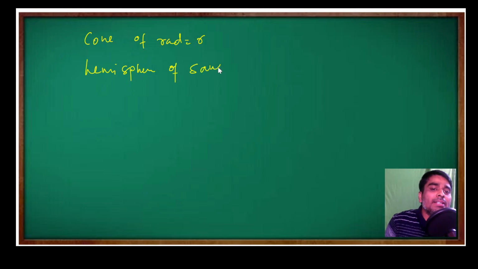Okay, so here we have one question from volume surface area. A solid is of the form of a cone of radius equal to r, surmounted on a hemisphere of the same radius.